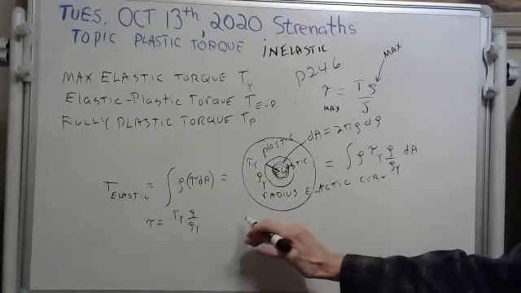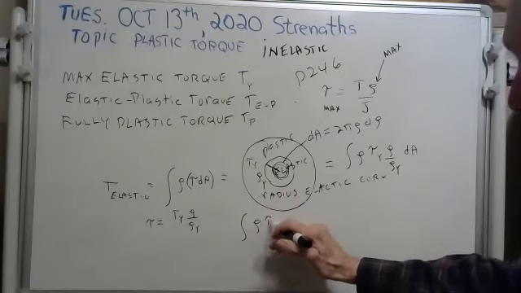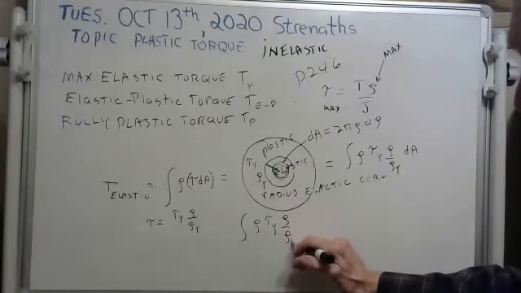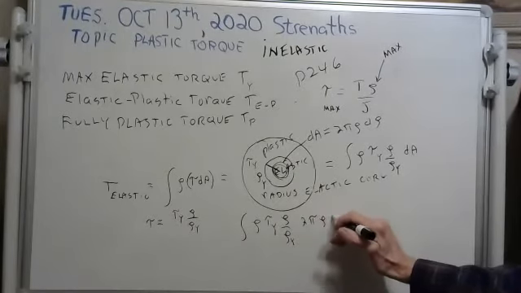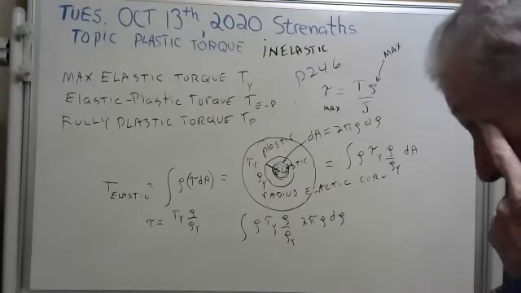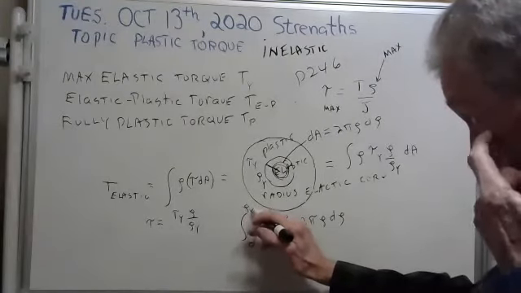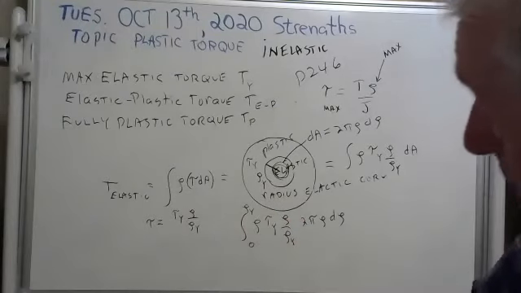So if you plug that in there, what you got is rho tau sub y, rho over rho sub y, 2 pi rho d rho. And you're going to go from 0 to rho sub y. That'll give you the torque in the elastic region.